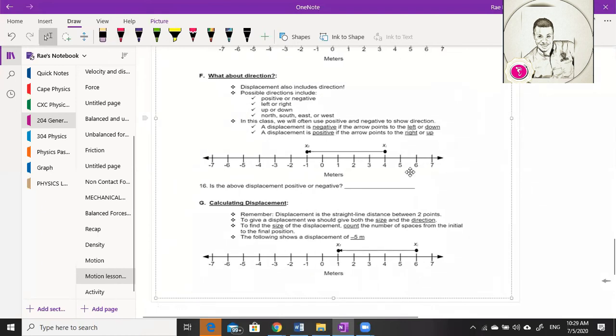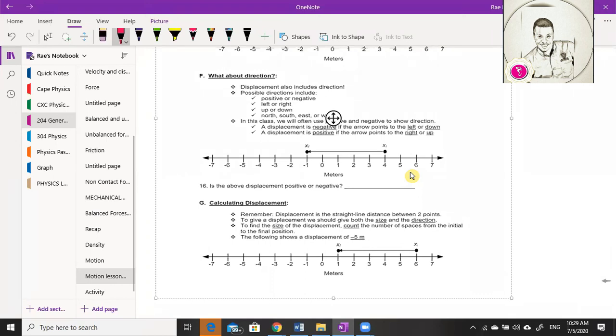It says that, remember, displacement is the straight line distance between 2 points. To give a displacement, we should give both the size and the direction. To find the size of the displacement, count the number of spaces from the initial to the final position. We just did that in an example. Then it says, the following shows a displacement of -5 meters.